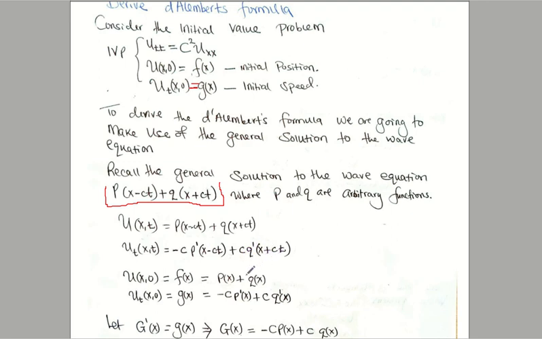And if we replace this in the initial position and the initial speed, which are the initial conditions anyway, we get u(x,0), which we said is f(x), equals p(x) plus q(x). And u_t(x,0), now t is 0, which will be g(x), equals minus c p prime(x) plus c q prime(x), because t is 0.